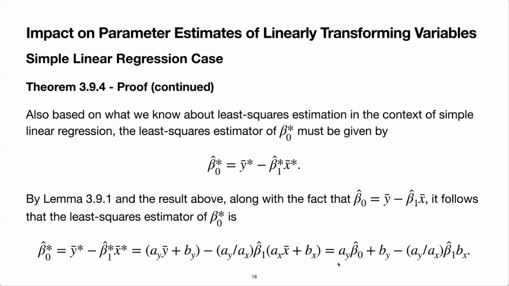And that simplifies to a sub y times beta 0 hat, plus b sub y minus a sub y over a sub x times beta 1 hat times b sub x. So that proves that second result.